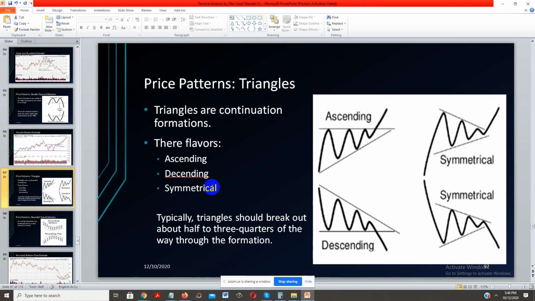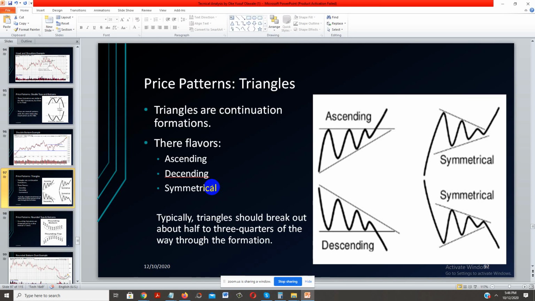So when it breaks out of that triangle, if it is an ascending triangle, it's going to break out upwards. If it is a descending triangle, there's a possibility to break down. Now we have a symmetrical triangle.